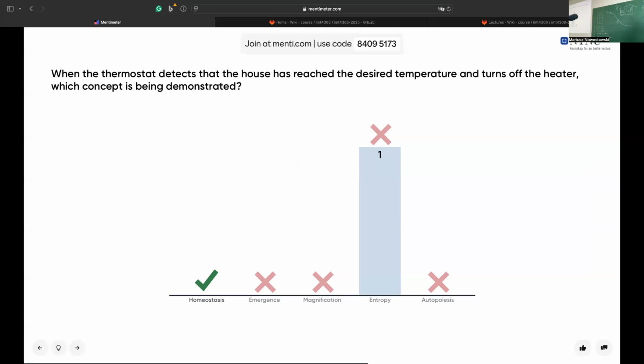We have kind of two cycles. So now we have one cycle and a second cycle, and they are both influencing each other, right? So then autopoiesis is if all those cycles are in homeostasis. So they all relate to one another, and they are kind of in balance, right? With heat, it's a little bit abstract. We normally don't talk about it with heat, but we talk about it with ecosystems.